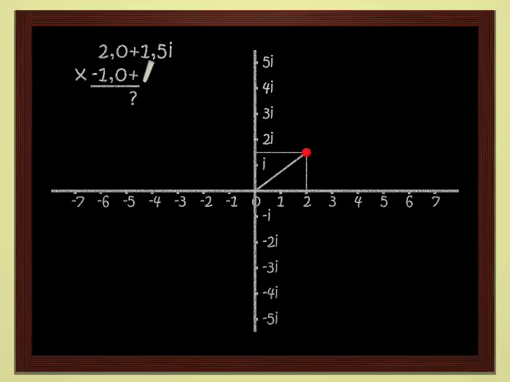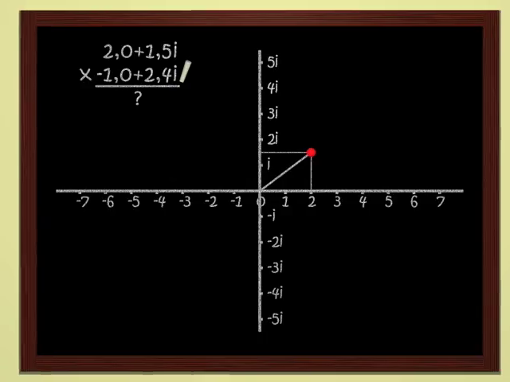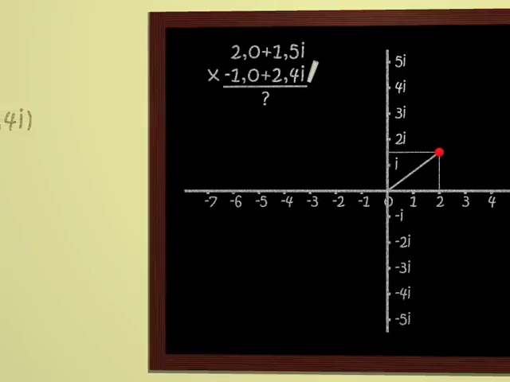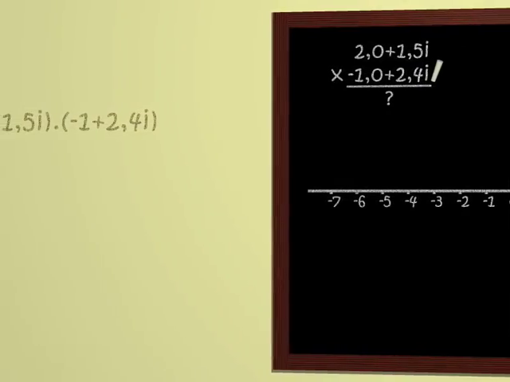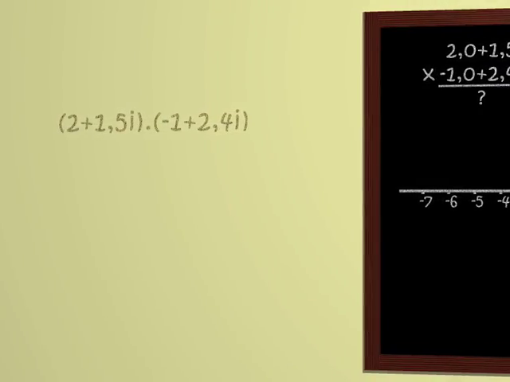Let's try, for instance, to multiply 2 plus 1.5i and -1 plus 2.4i. We proceed as usual. We first multiply by 2, and then by 1.5i. Then we add the results.